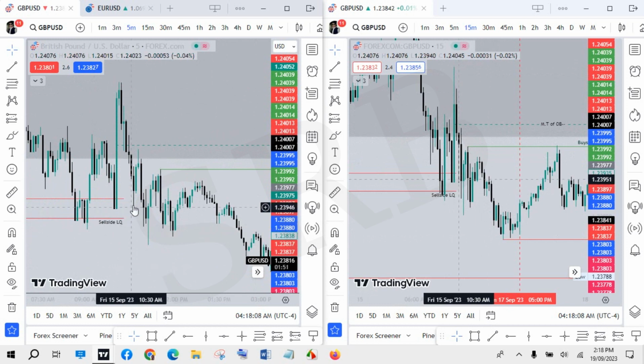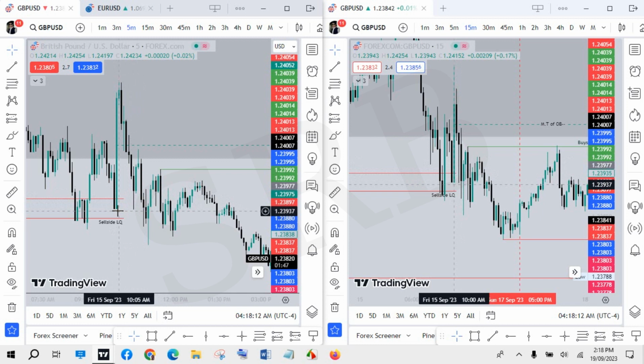How do you know it's an order block? How is it validated as an order block? The low of this candle comes at 1.23943, and the low of this down candle wicks through that low, to 1.23940.